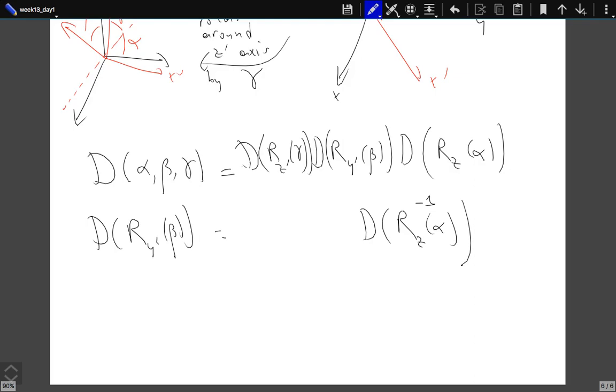But after this passive rotation, now y prime axis is my y axis. So I can rotate my system around the y axis by beta. But of course now I have to rotate back my coordinate axis to the initial orientation.